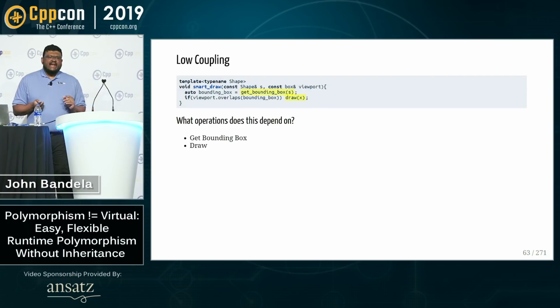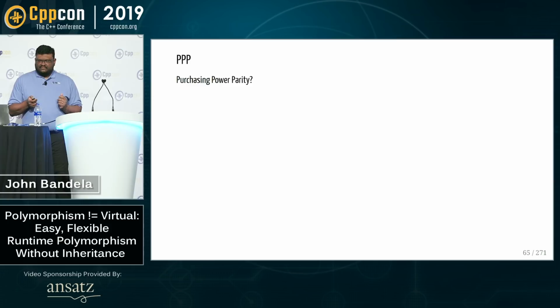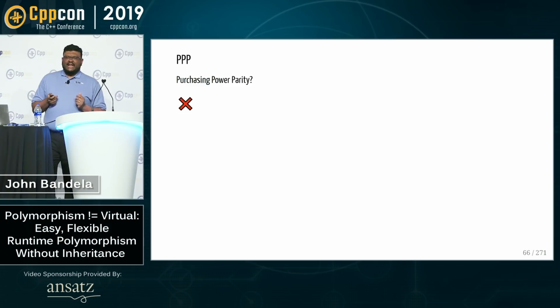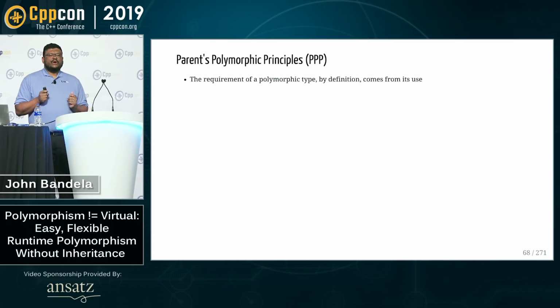All right? The next thing that it does nice is what I call PPP. Anybody know what PPP stands for? Purchasing power parity? No. So it actually stands for Parents Polymorphic Principles. They are: the requirements of a polymorphic type, by definition, come from its use.